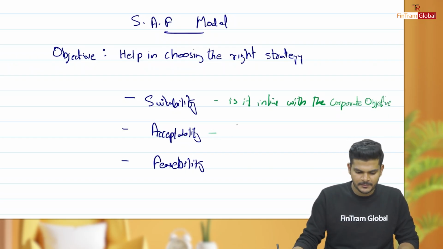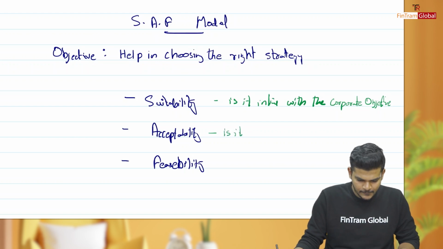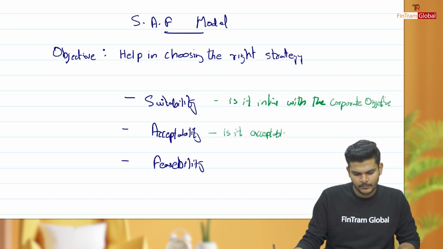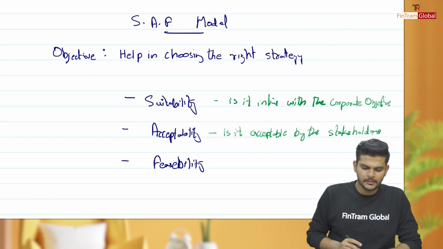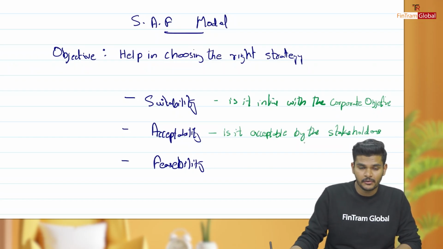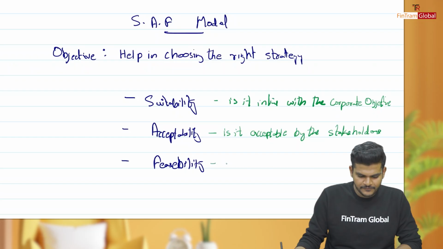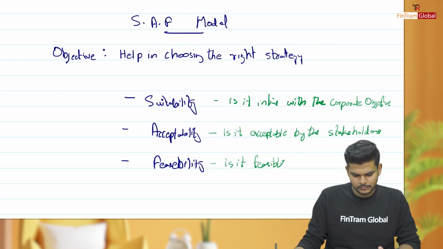And what about for acceptability? Is it acceptable by the stakeholders, right? This is basically what acceptability is all about, right? And then finally we have feasibility, which is simply the question: is it feasible?